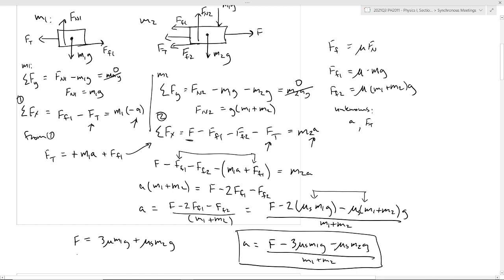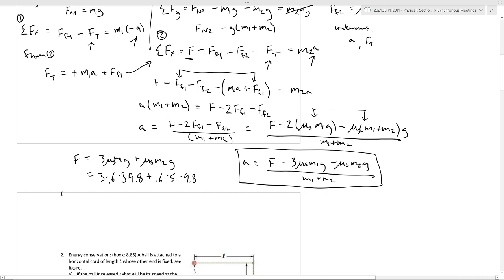And so then we just put in our numerical values. 3 kilograms, 3 times mu s, 0.6, times mass 1 which was 3, times 9.8, plus 0.6 times 5 times 9.8.